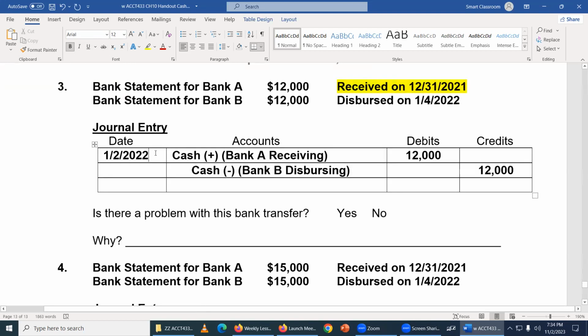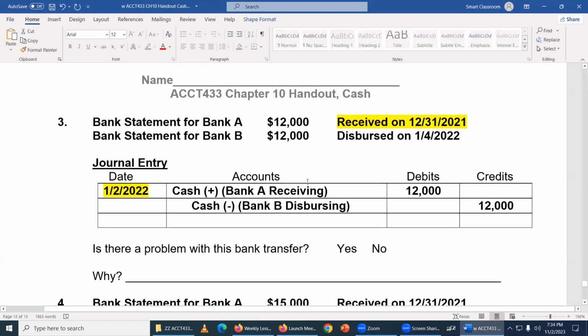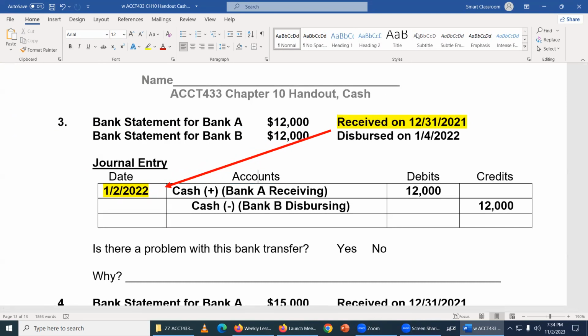So here's what's going to happen when this goes through. I'll show you up here what's going on with this.